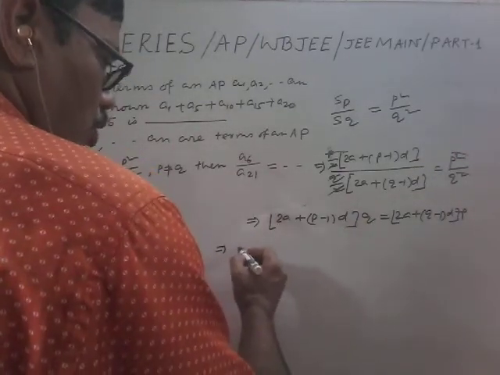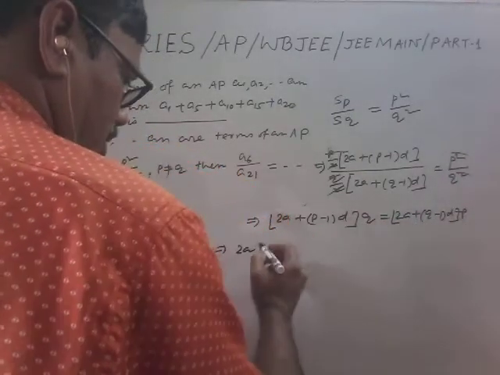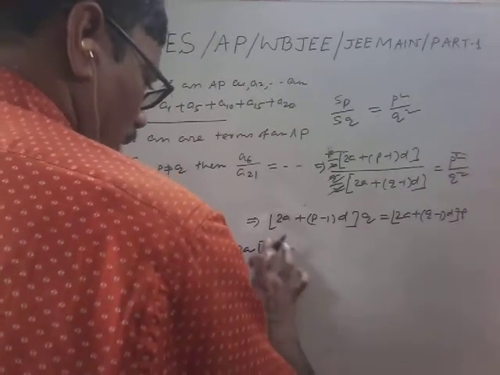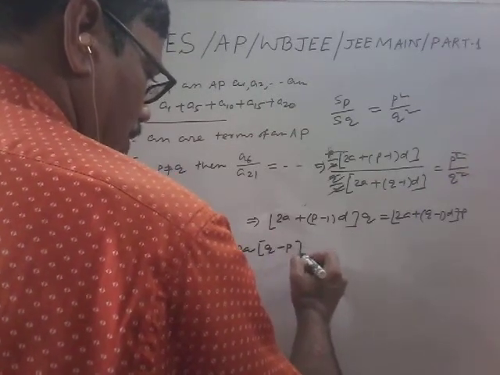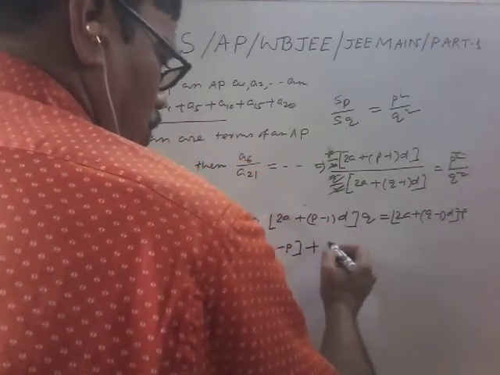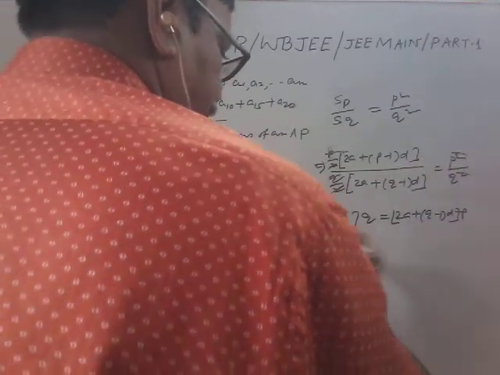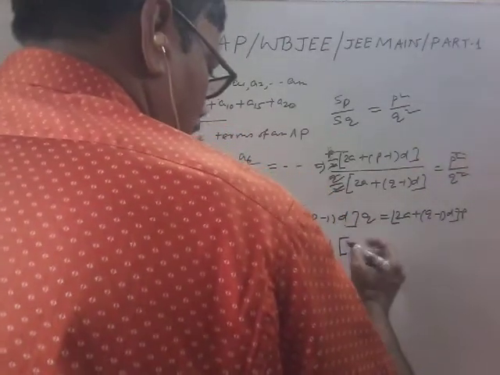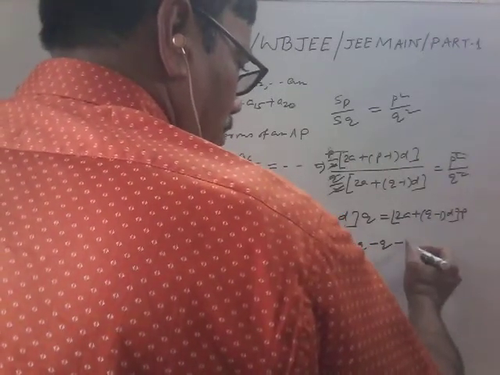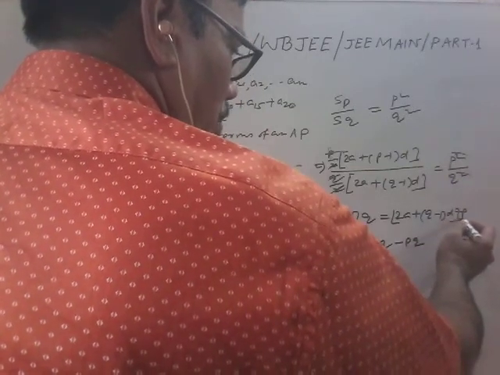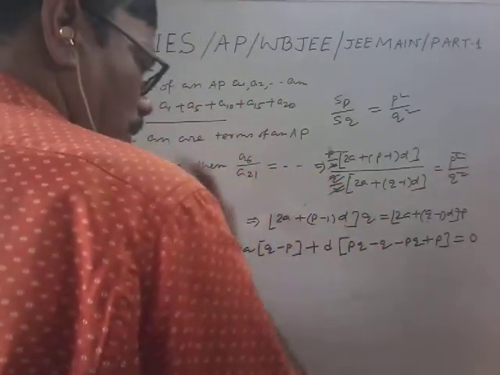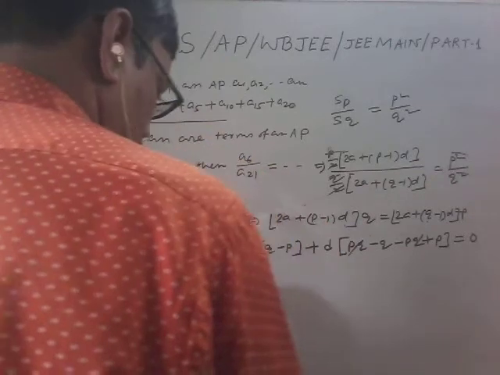So look, if we transfer this term to the left hand side, this is 2a Q minus P, and D common, so PQ minus Q, and if you transfer to the left hand side, minus PQ plus P equals 0. So PQ cancels.